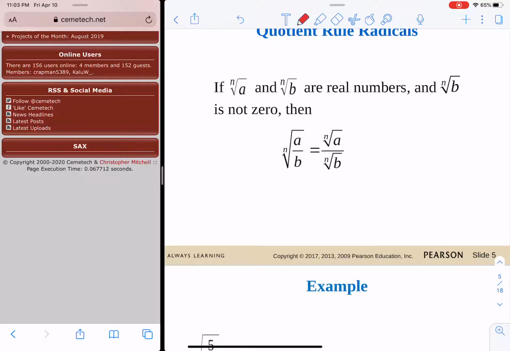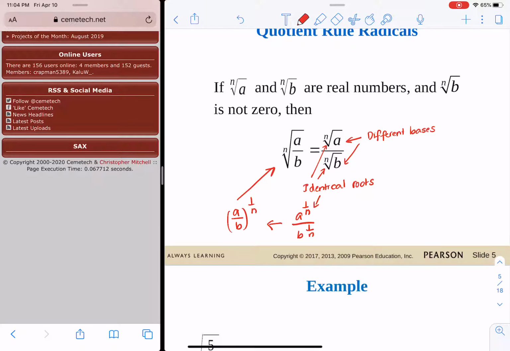If we have different bases but identical roots, we could write it as A raised 1 over n divided by B raised 1 over n, which would be A over B raised 1 over n, which simply is the nth root of A over B. Keep in mind, we could only do this if we have different bases and identical roots.